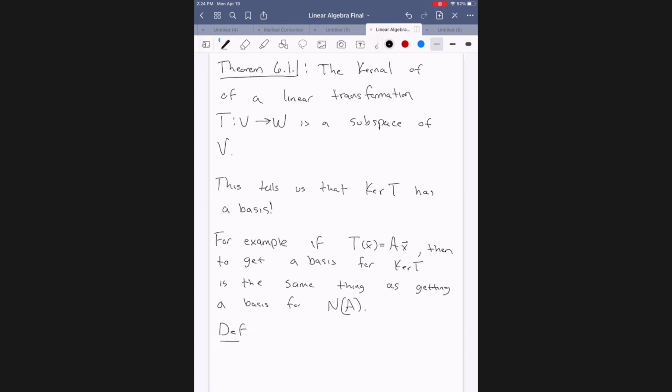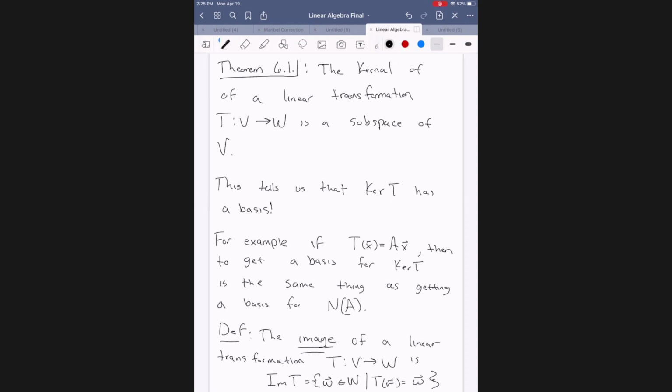Definition: the image of a linear transformation T from V to W is denoted as the Im of T, which is the set of all w in W such that there exists a v in V such that T of v is equal to w. That's literally all it is.